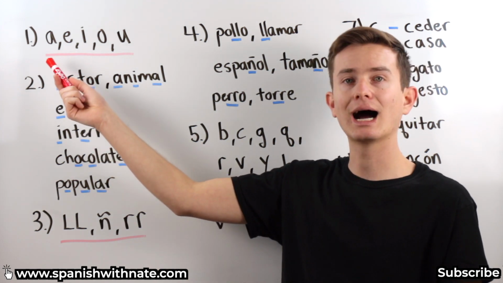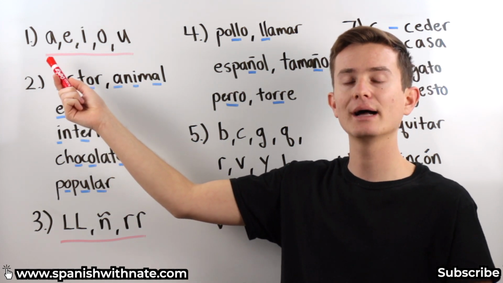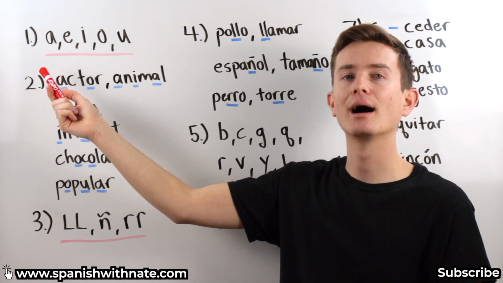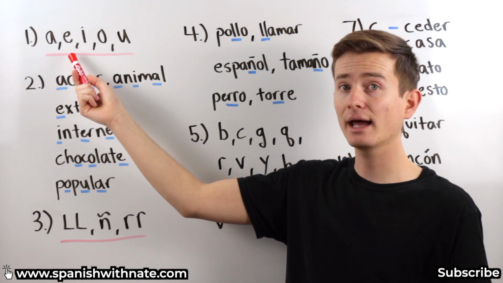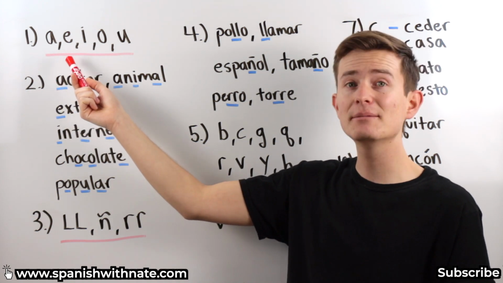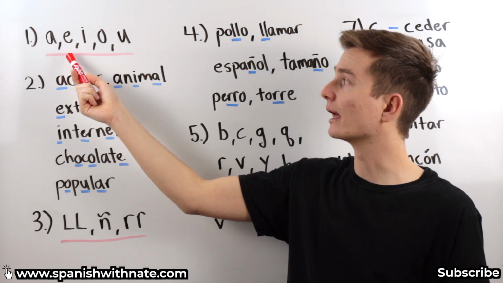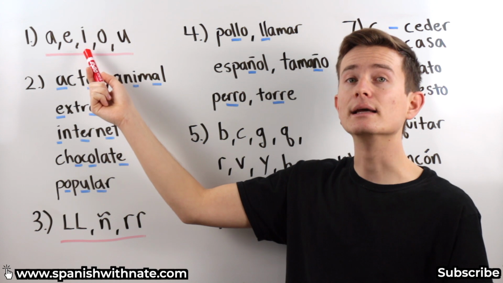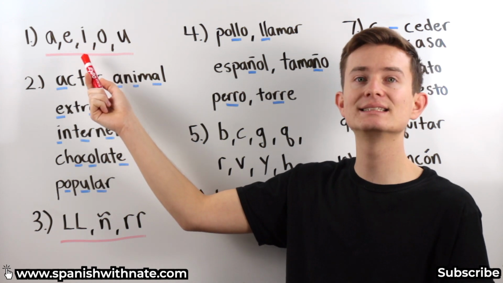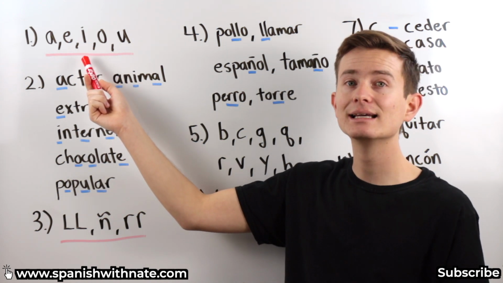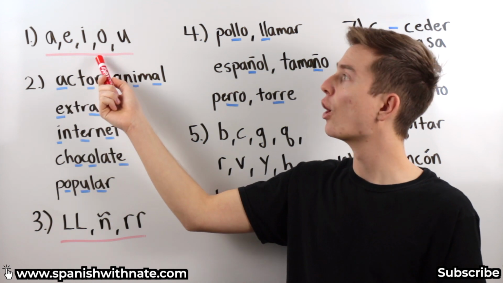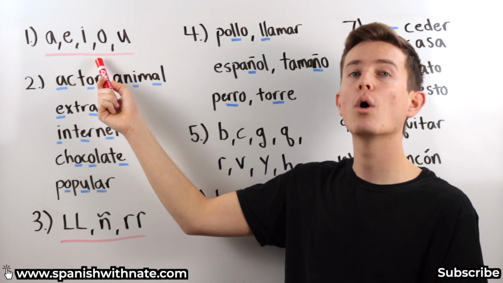We have A, okay, A, not "ay." The E makes that sound. The I makes this "ee" sound. O, okay?